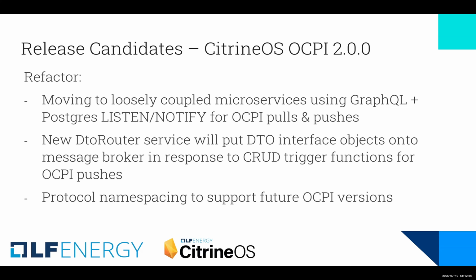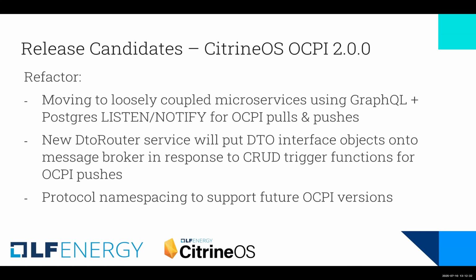Previously, the OCPI layer was an extra set of libraries that allowed you to enhance the microservices defined in CitrineOS Core with an OCPI layer. The refactor will make it so that these OCPI modules are actually their own independent microservices, so they will be loosely coupled to CitrineOS Core.